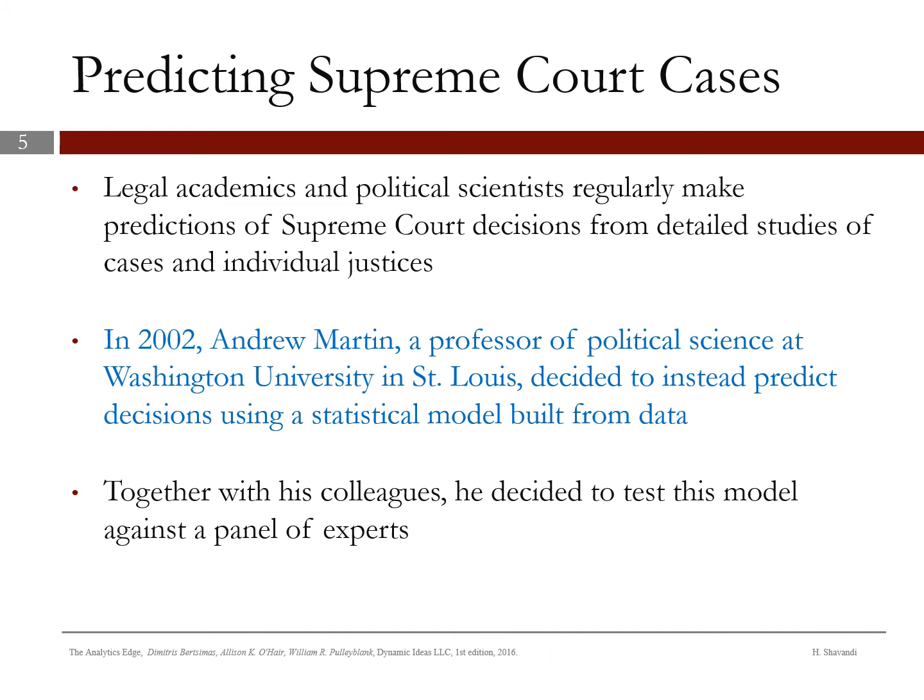But in 2002, Andrew Martin, a professor of political science at Washington University, decided to build a statistical model from the historical data we have to predict the Supreme Court decisions. He, together with his colleagues, decided to test this model against a panel of experts.